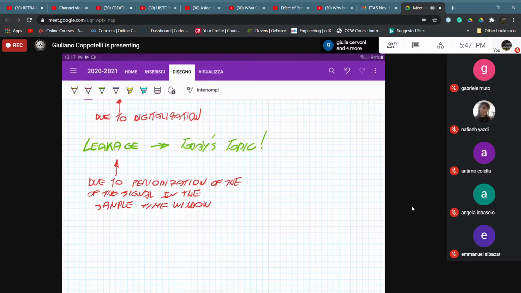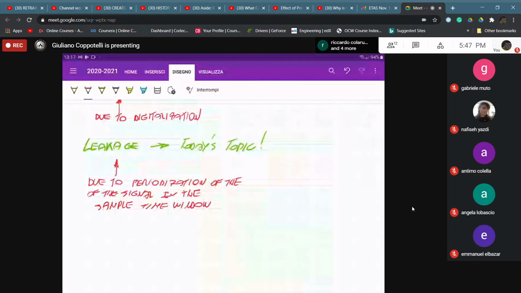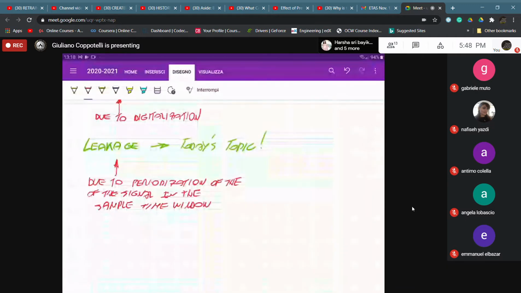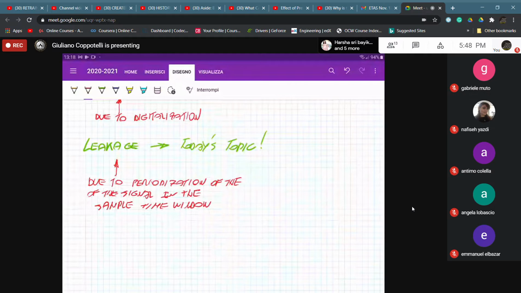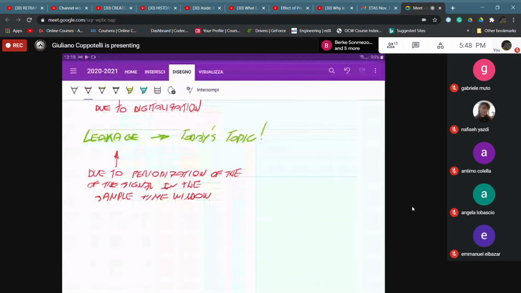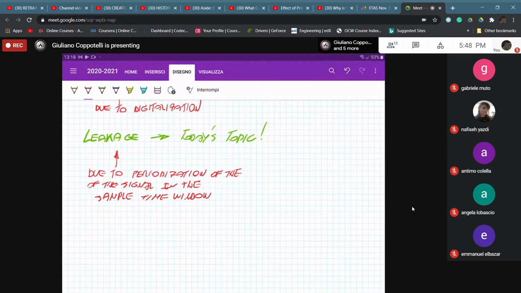The Fourier transform algorithm assumes that you have a periodic signal, and that is not true in reality, because your sample time window generally does not contain the whole period of your signal, but instead you are assuming that your signal is periodic with that sample time window, and therefore it introduces some periodization, that is that in the frequency domain you can have what we call a leakage of the energy content of the information of your signal into many frequencies.